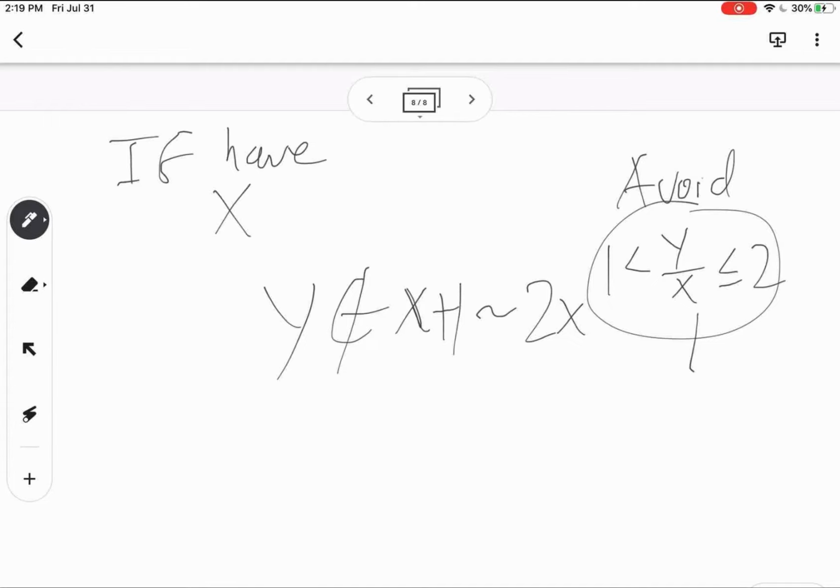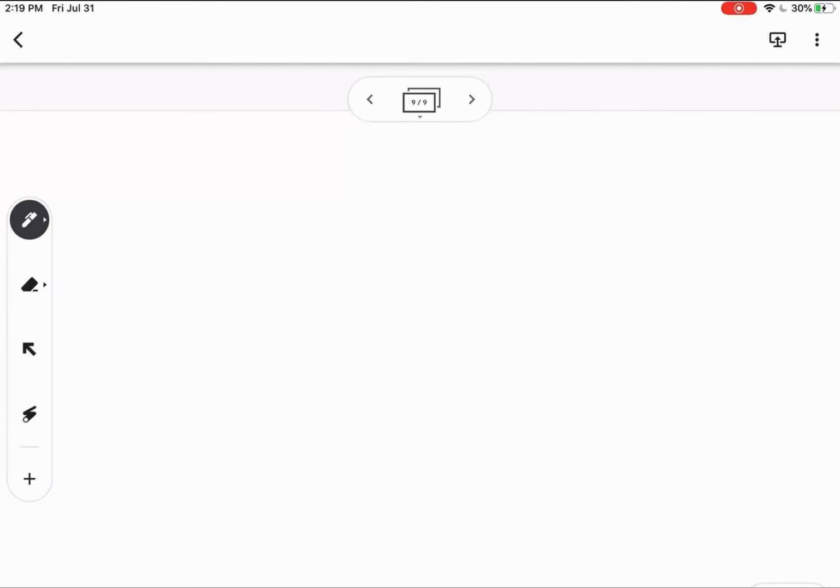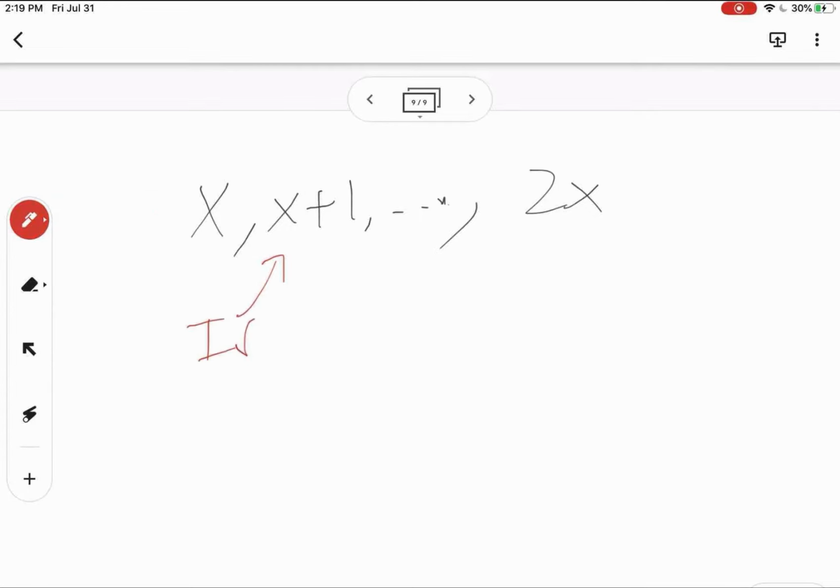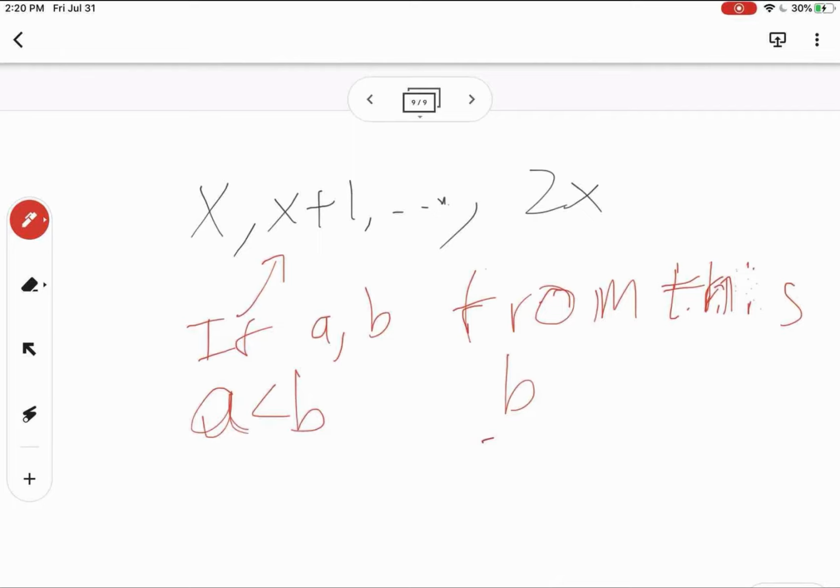If you make this subset x plus 1 all the way to 2x, and you have 2 numbers a and b from this, with a greater than b, then it's clear that a over b is greater than 1 and less than or equal to 2.